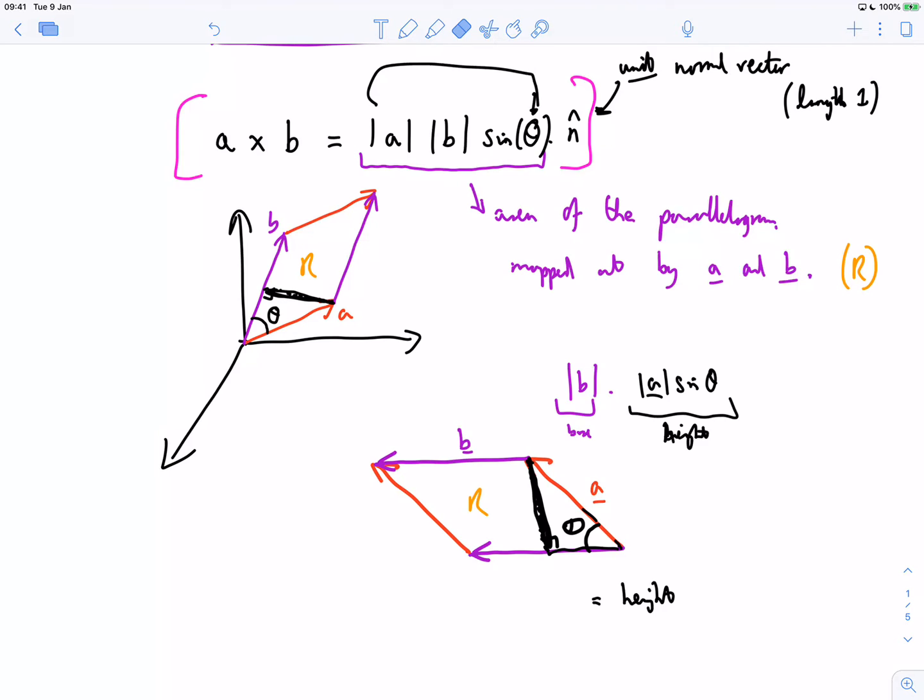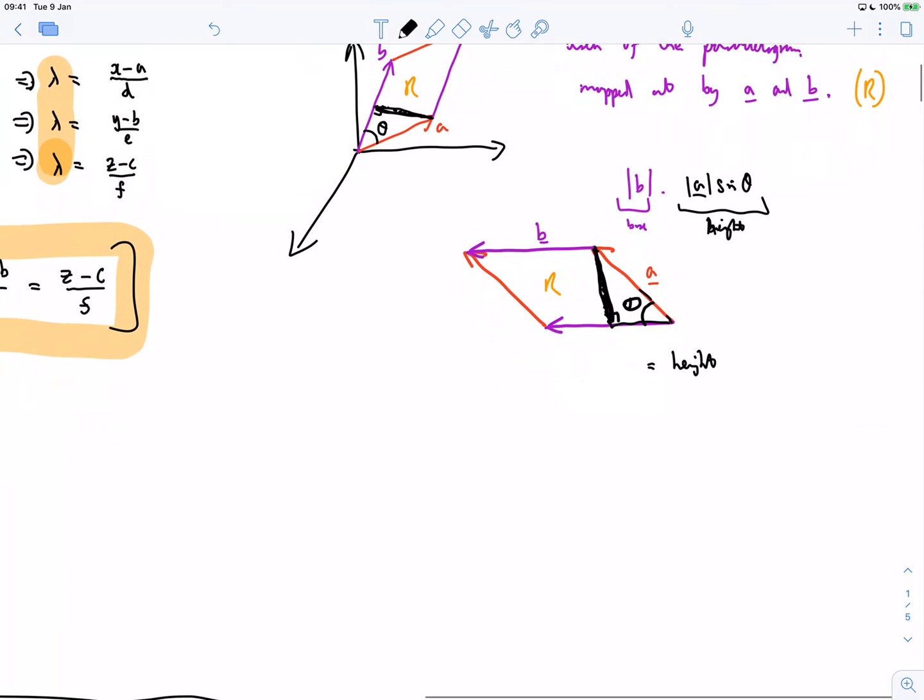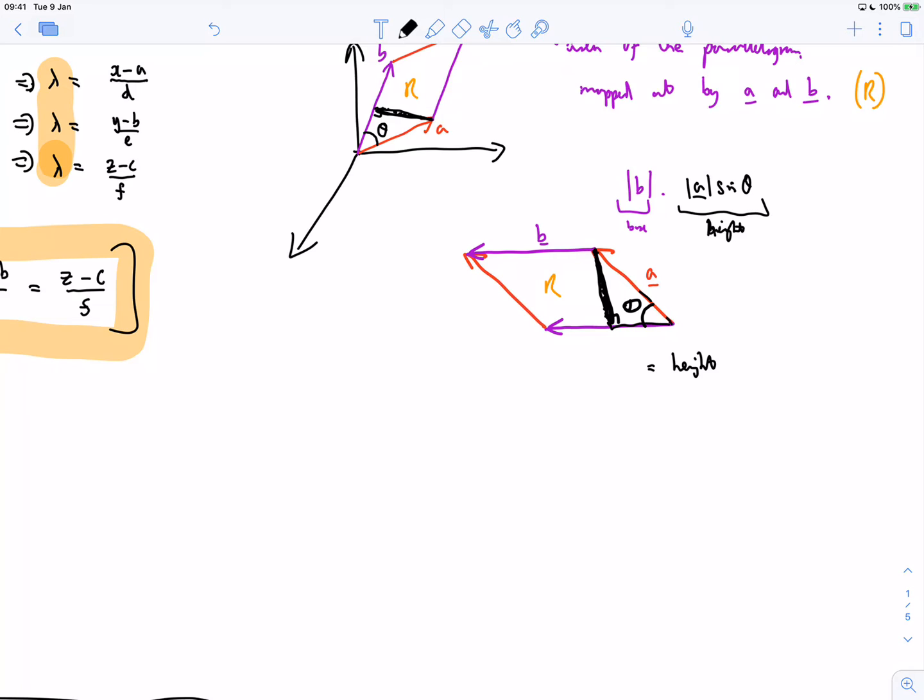Okay, fine. You're probably thinking, it's the area of the parallelogram, fine, I get that. Why is it I'm multiplying it by the unit normal vector? Why is that the case? Before we get into that, I need to remind you of a few things. One, let's deal with the 2 by 2 case for a second, and hopefully you'll see why it becomes true in higher dimensions.